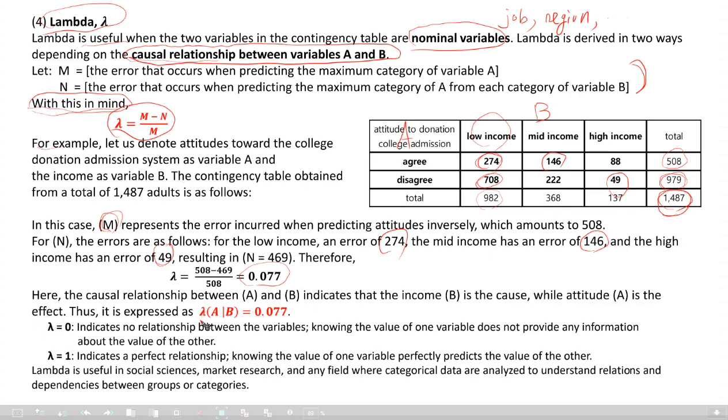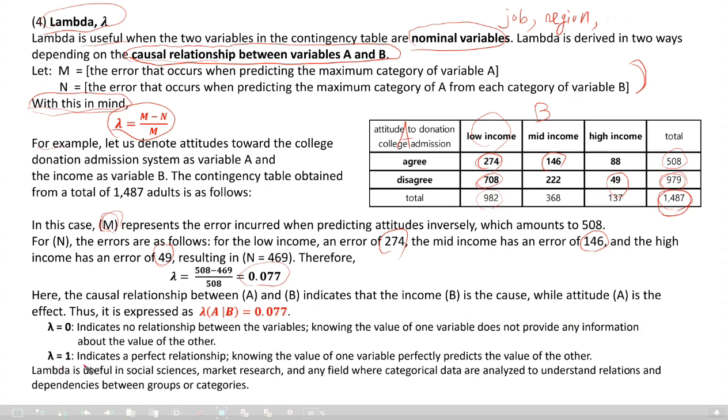So it is expressed as lambda of B cause given A effect, which is 0.077. A lambda value of 0 indicates no relationship between the variables. Knowing the value of one variable does not provide any information about the value of the other.